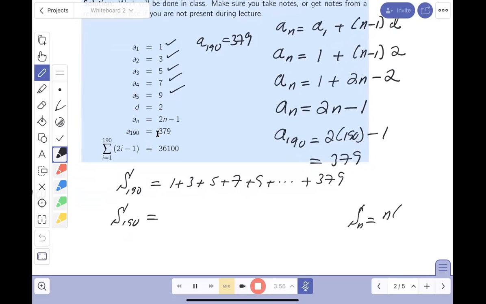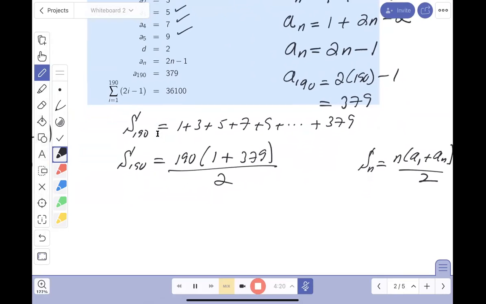It's going to be n times A1 plus AN over 2. We derived that already in class. Let's see what we get over here. What's n? 190. What's A1? It's 1. What's AN, which would be A190? Well, we just computed that, 379, over 2. I'm going to do some arithmetic for you.